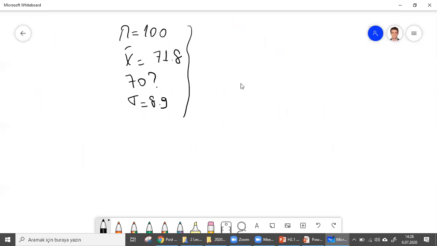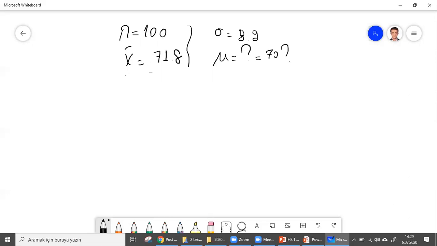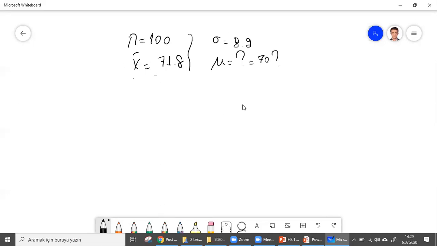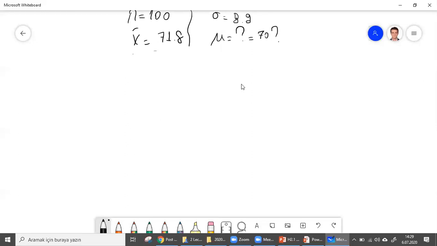Let me write it like this. X bar, sigma is equal to 8.9, and I'm testing whether mu is equal to 70 or not. Now we will start with step 1.